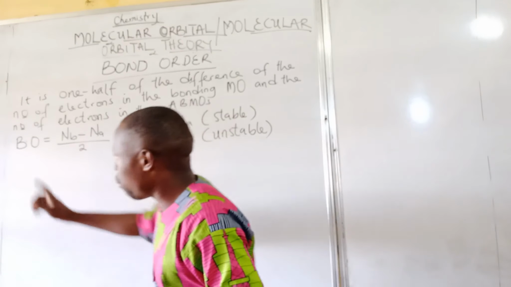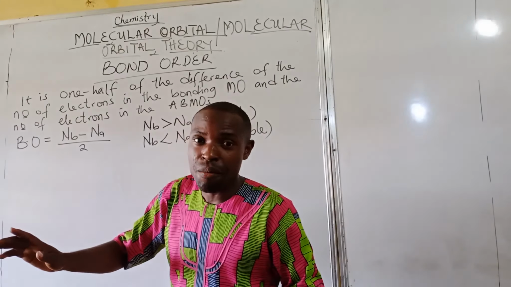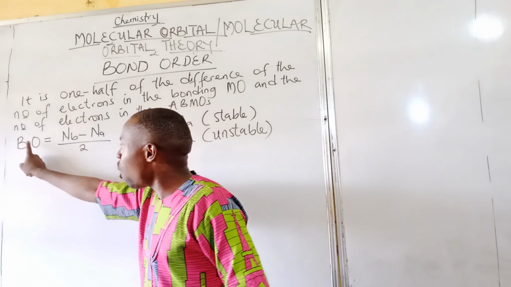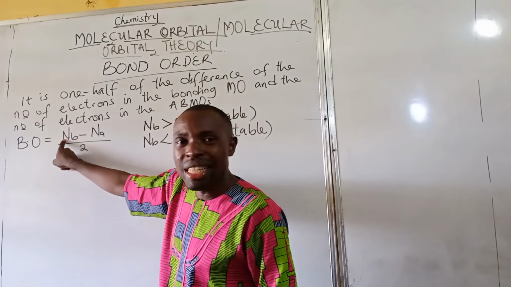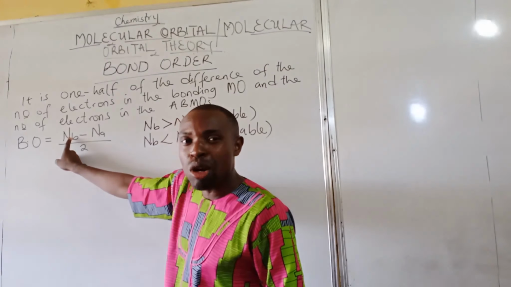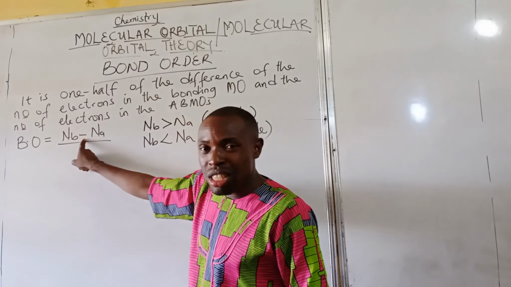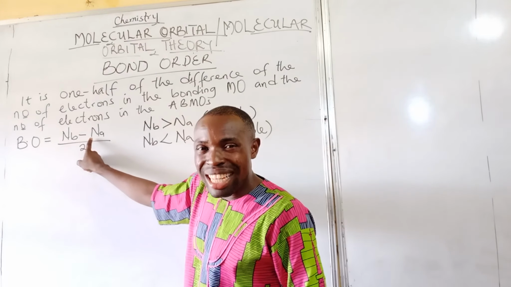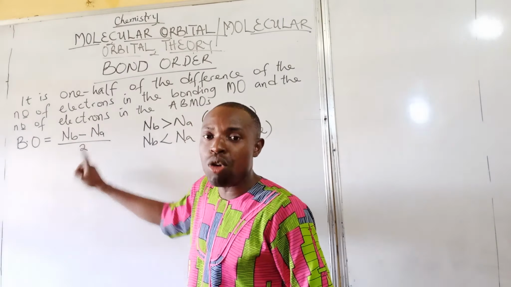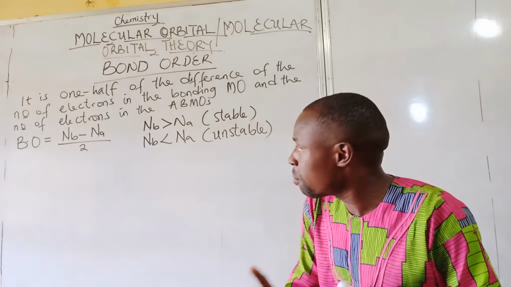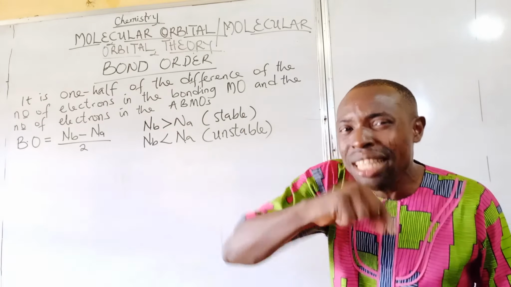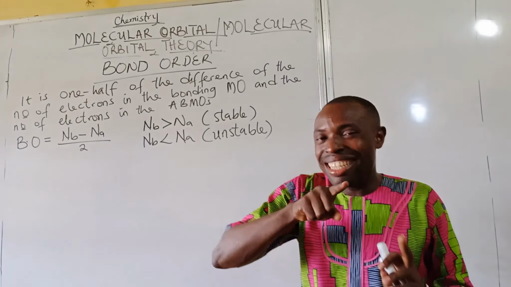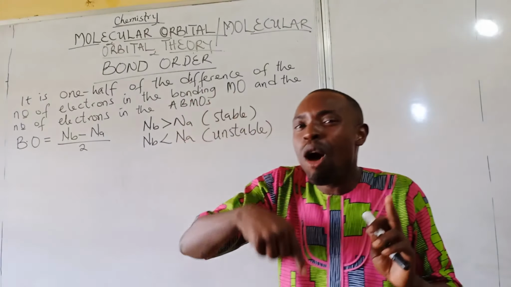Mathematically, it can be written as bond order is equal to NB, which stands for the number of electrons in the bonding molecular orbital, minus NA, the number of electrons in the anti-bonding molecular orbital, over 2.